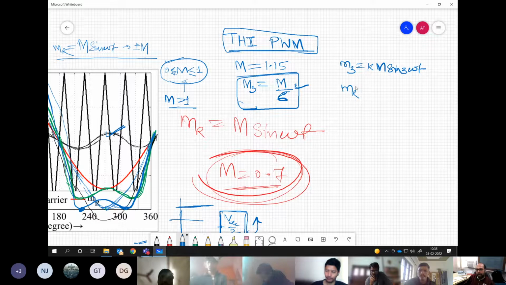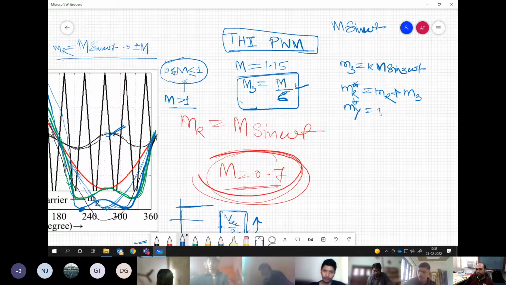So I can write my new modulation index MR star as MR, what is M sine omega t, plus this M3, which is Km sine 3 omega t. Similarly, MY star, which is new modulating signal, MY plus M3, MB star, which is MB plus M3.